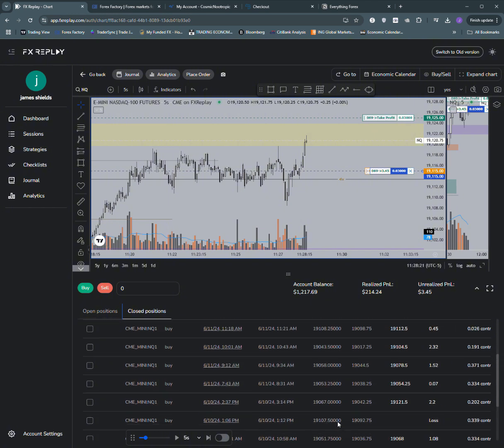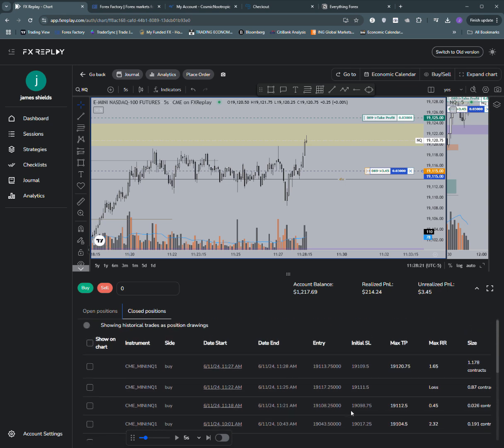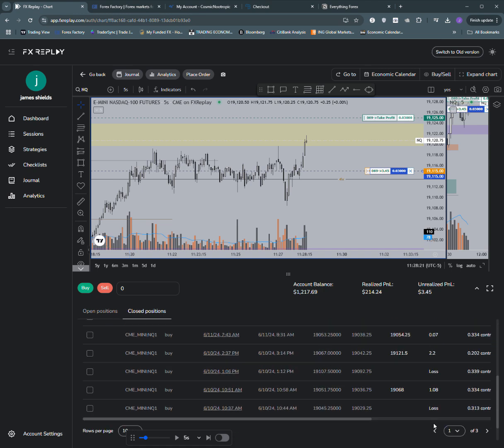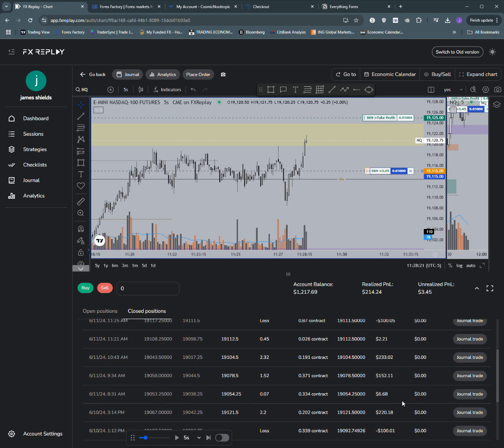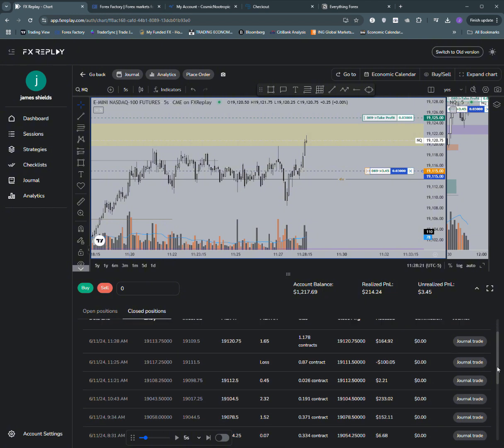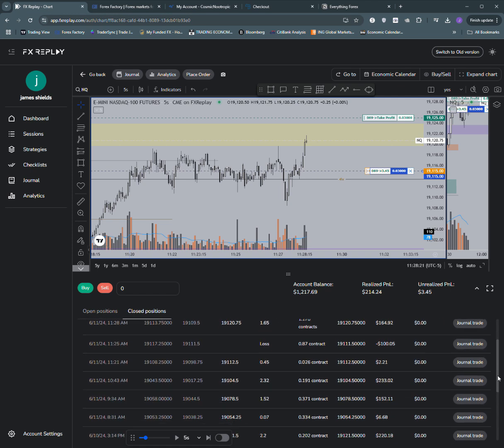$3.45. Where are we at? 214 for today. Is that what it means? 165 max TP. So we'll be up 64 bucks on this day. 611, 611, 611.